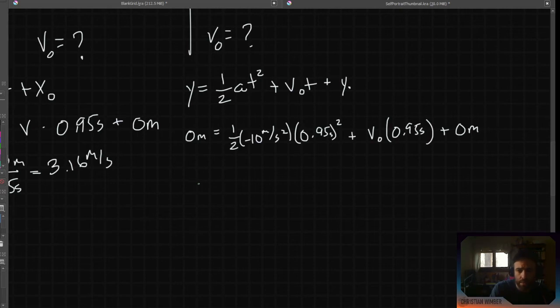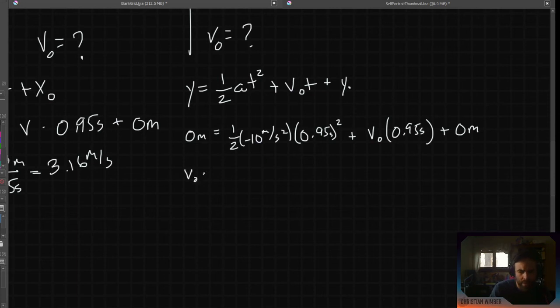What I end up getting is that V is equal to... If I can, let's do it this way. We'll just do it step by step. I'm going to move this V naught over here, and then I'm going to make everything positive.